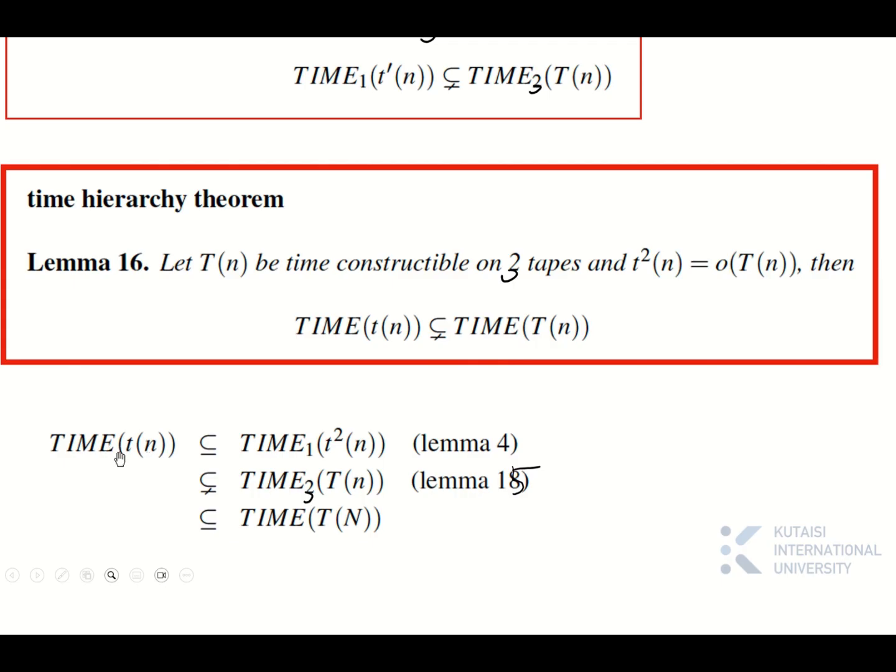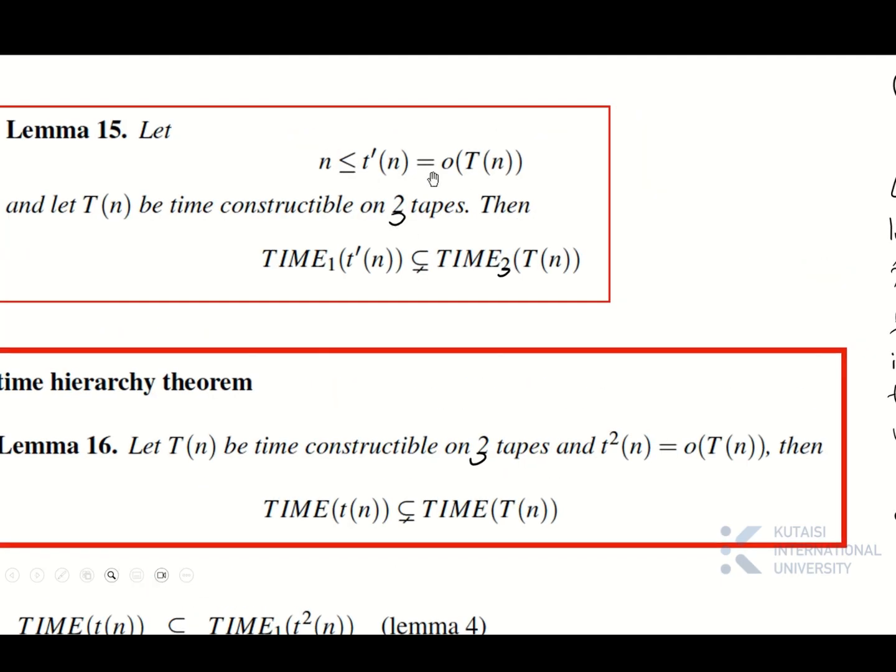Well, if it's accepted by a k-tape Turing machine in Tn time, I already know that it is accepted by a one-tape Turing machine in t squared of n time. I know this from when I simulate k tapes on one tape, I get a quadratic blow-up. So I can go to one tape and write square here, right? This is lemma 4, the simulation lemma. So I go time 1 t squared n. Now I know that t squared n is o of Tn.